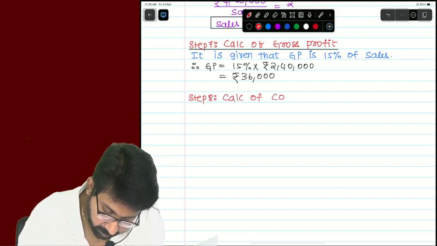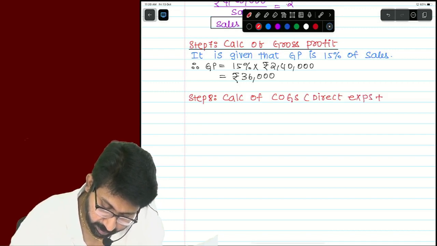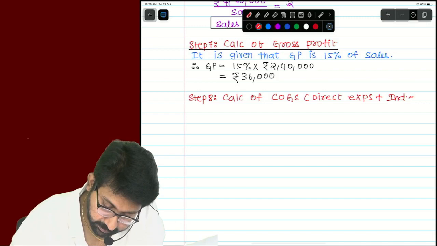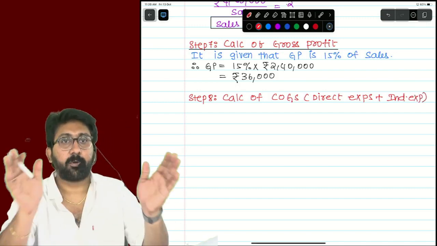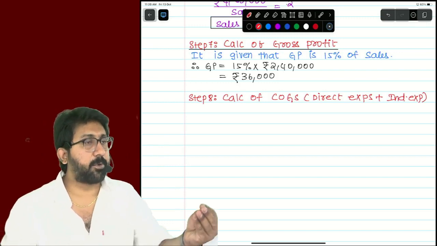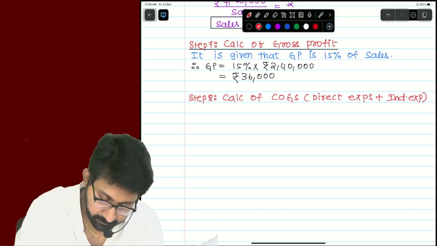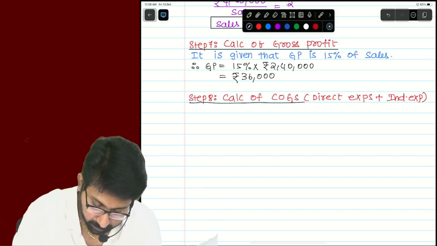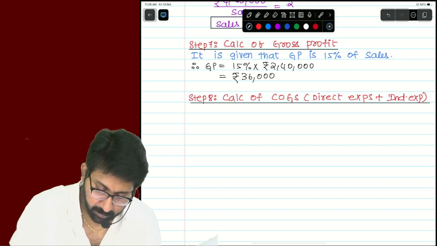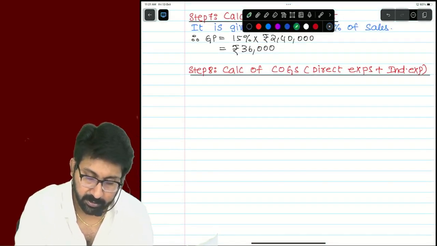Calculation of cost of goods sold, also called direct expenses and indirect expenses. All expenses of production, direct and indirect, we call it cost of goods sold. That means up to the date you bring it for sale, we call it cost of goods sold. Tell the value here.